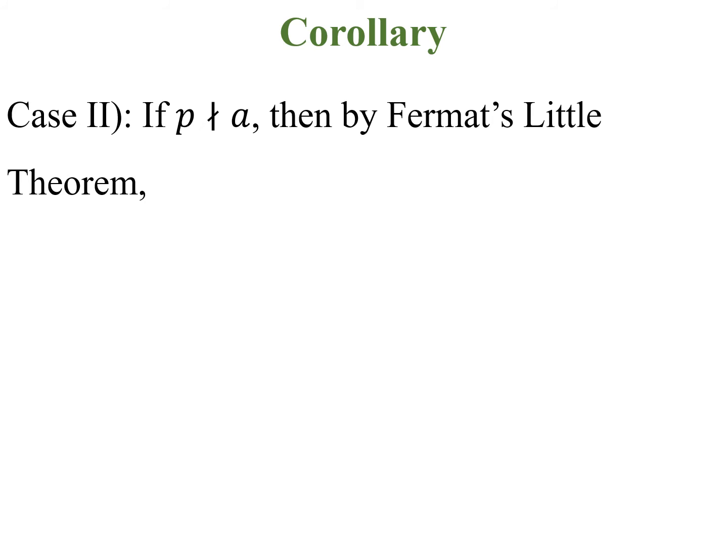Suppose we have the second case, P does not divide A. Now P is a prime and P does not divide A means A is not divisible by P. Then you can apply Fermat's little theorem. By Fermat's little theorem, we get A raised to P minus 1 is congruent to 1 modulo P. Now you just multiply both sides by A by the properties of congruence relation.